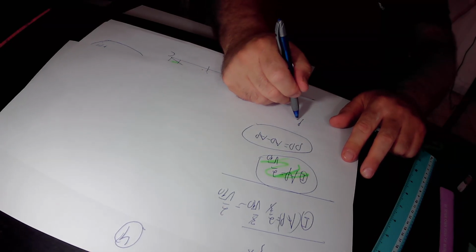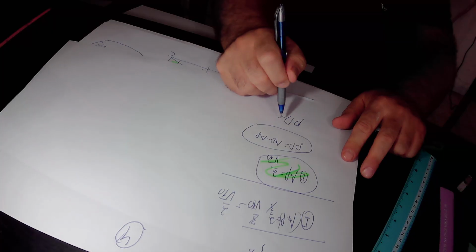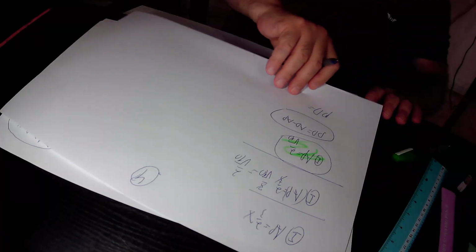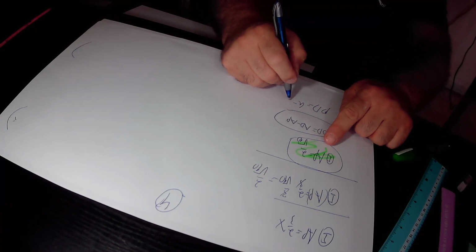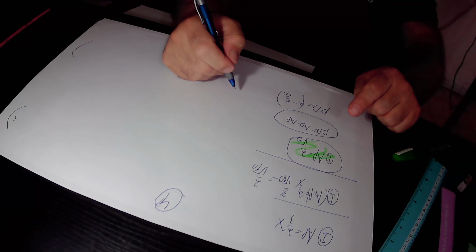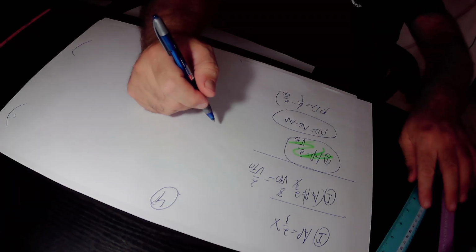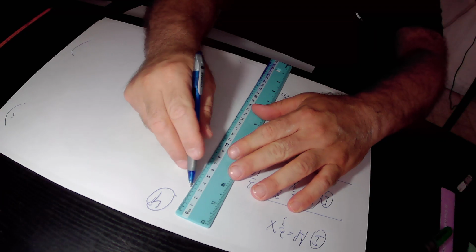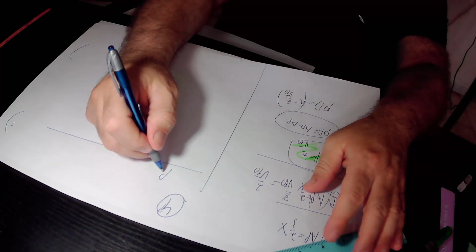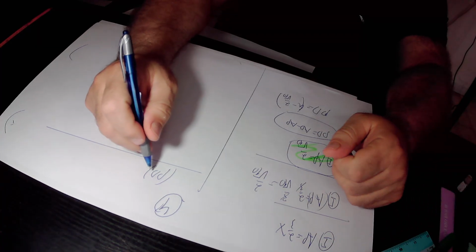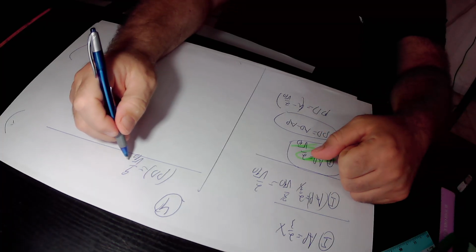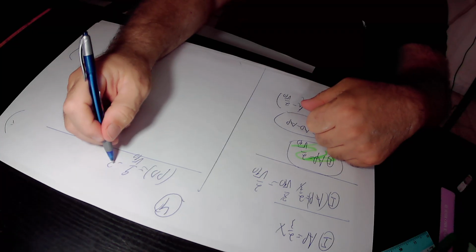So PD equals AD, which is a, minus AP. AP is 2 over the square root of 10. So in total, PD equals a minus 2 over the square root of 10. And a is 9 over the square root of 10.